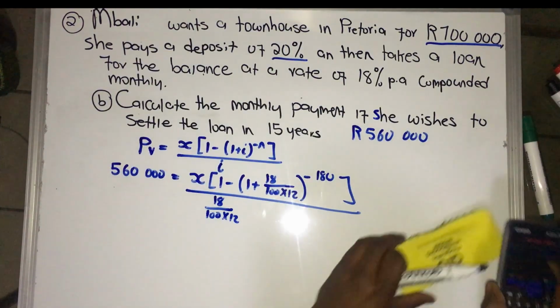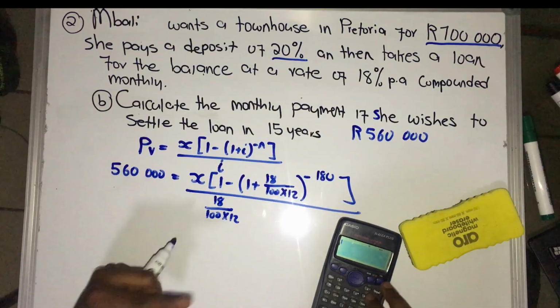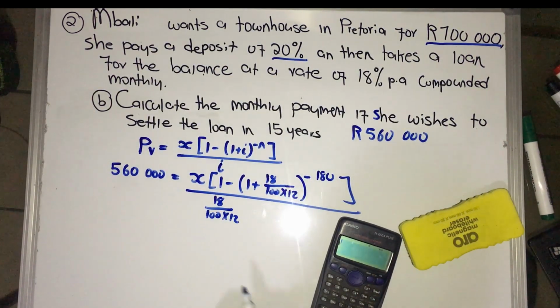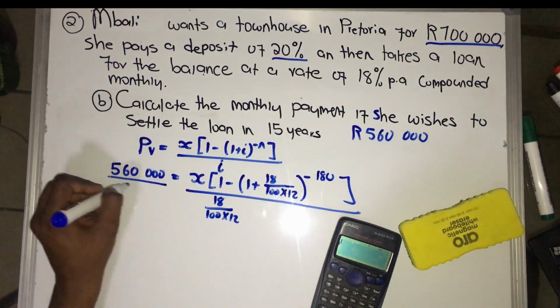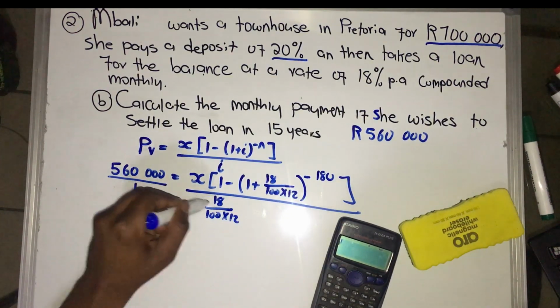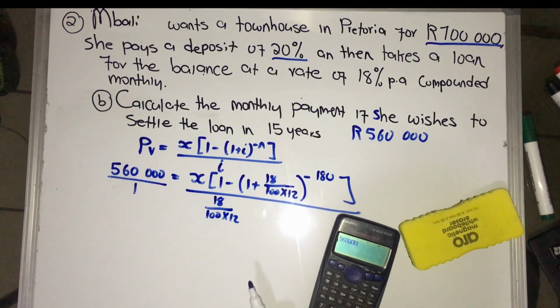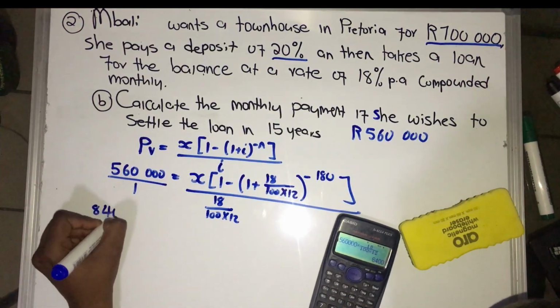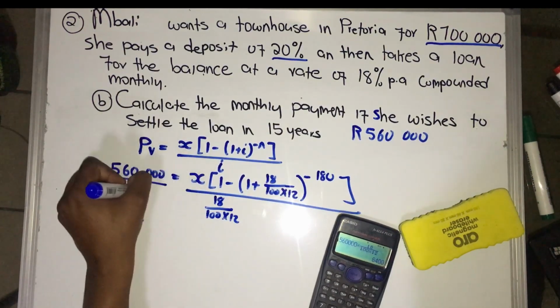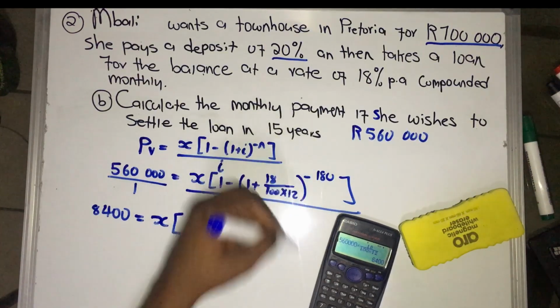Okay, so we've substituted, so we can simply start working it out, and then we can first cross multiply to get rid of the fraction. I like getting rid of the fraction, so I'm multiplying this by that and then this by this whole thing. So that's 560,000 multiplied by 18 over 100 divided by 12. So I get 8,400 this side. So that's equivalent to x, but what is this thing here?